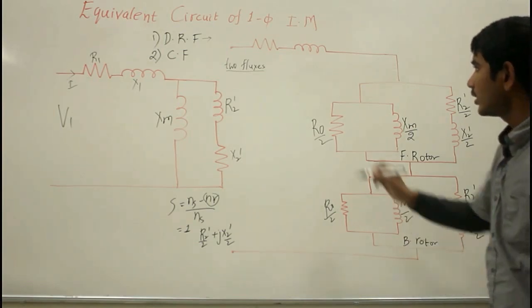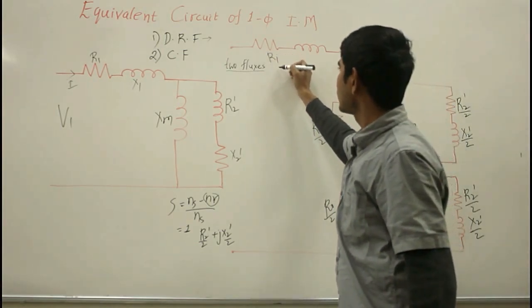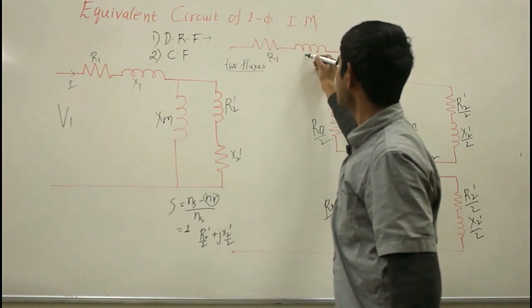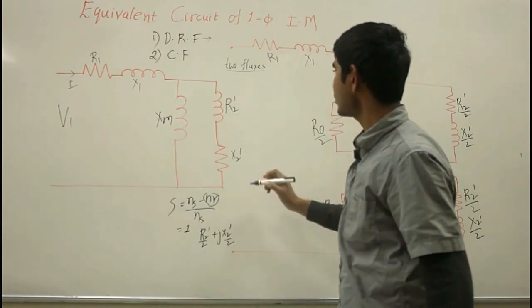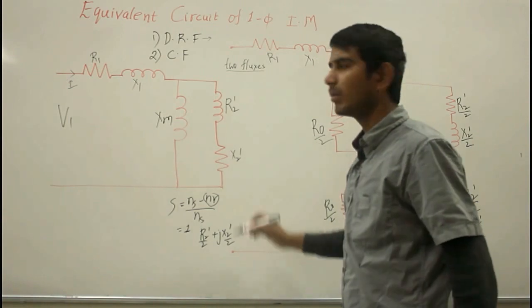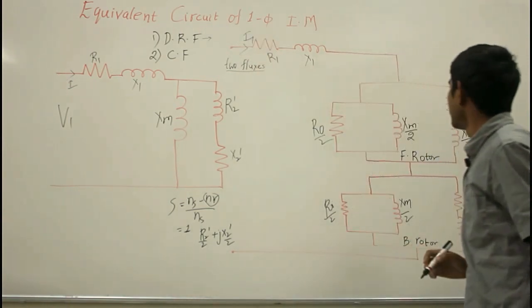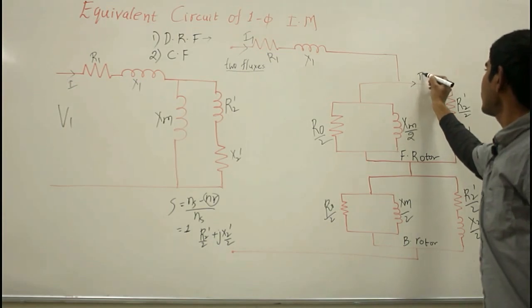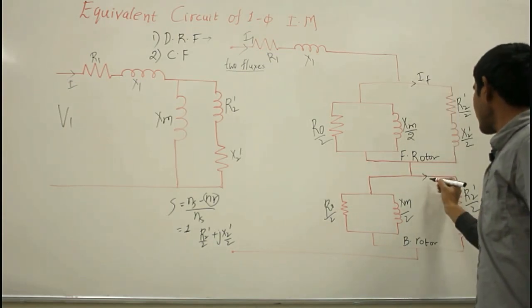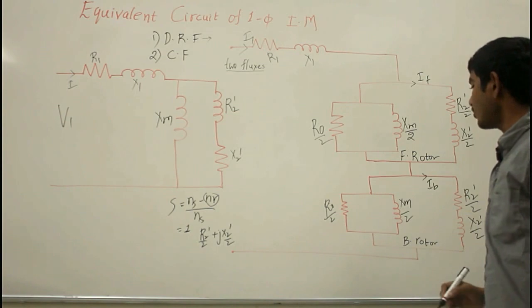Here this is the main stator resistance and leakage reactance. The supply V1 is being provided and the current I1 is flowing. This current will be the forward current IF, and this current will be the backward current IB.